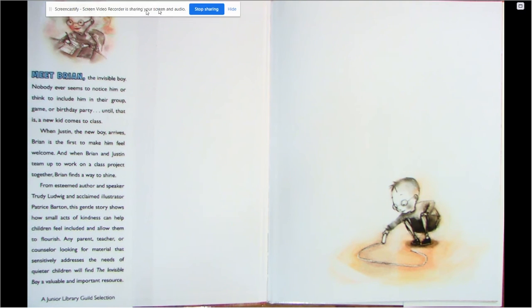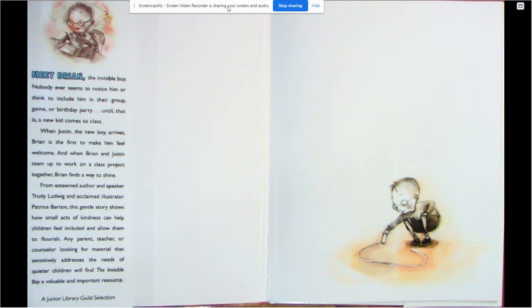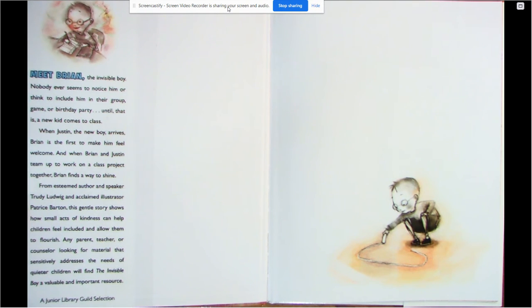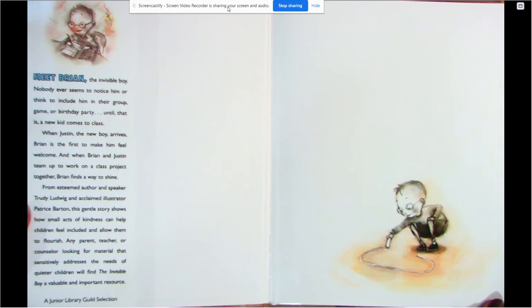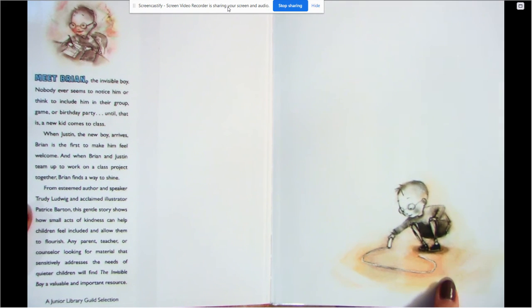And as you kind of look at what's happening on the pages, the deeper we get into the book, you're going to notice some things that happen and you're like, oh, wait a minute. I remember back, 3 or 4 pages, you noticed something. So I want you to be paying attention, right? How illustrations can make a huge impact in a story. So here's that character drawing a circle out of chalk.